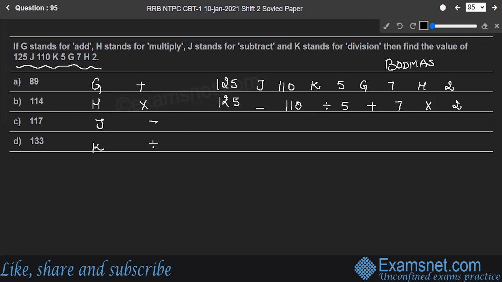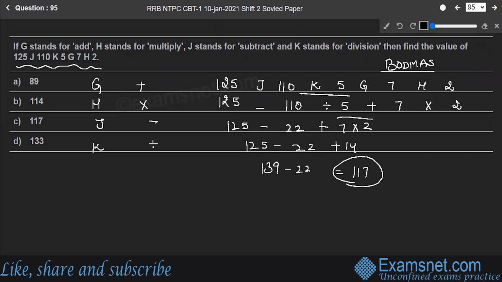That means before everything, we will solve the division. 125 minus 22 plus 7 multiply 2. Now this is 125 minus 22 plus 14. So 125 plus 14 is 139 minus 22. And it's 117. So option C. This is the correct answer to the question. I hope you understood this.